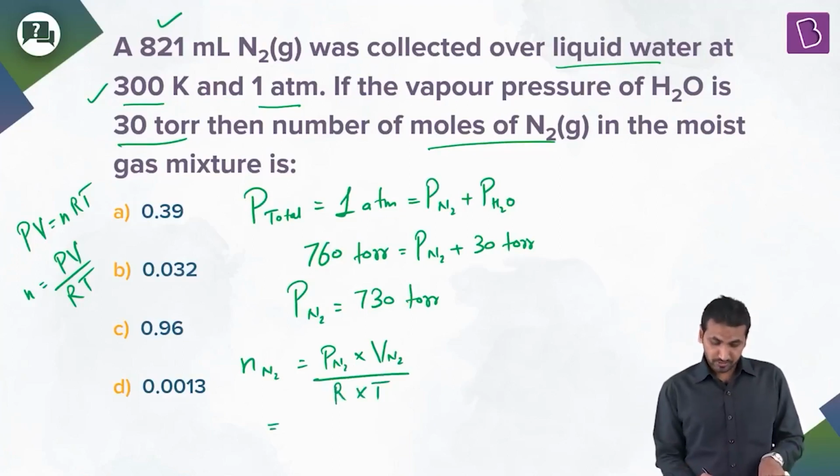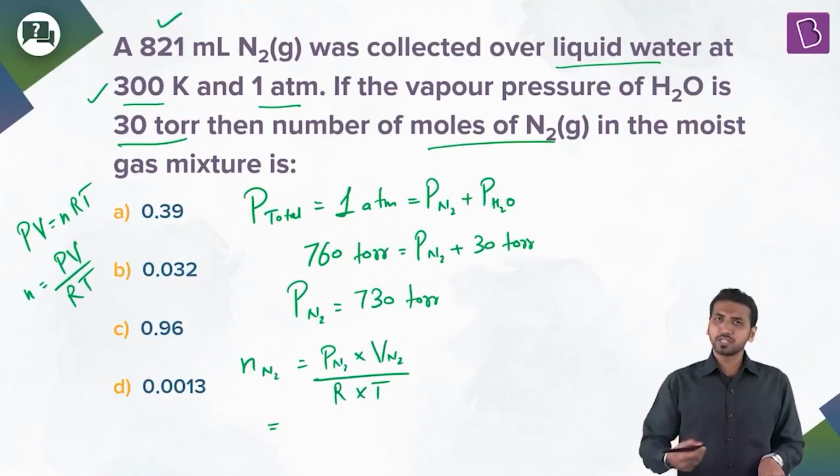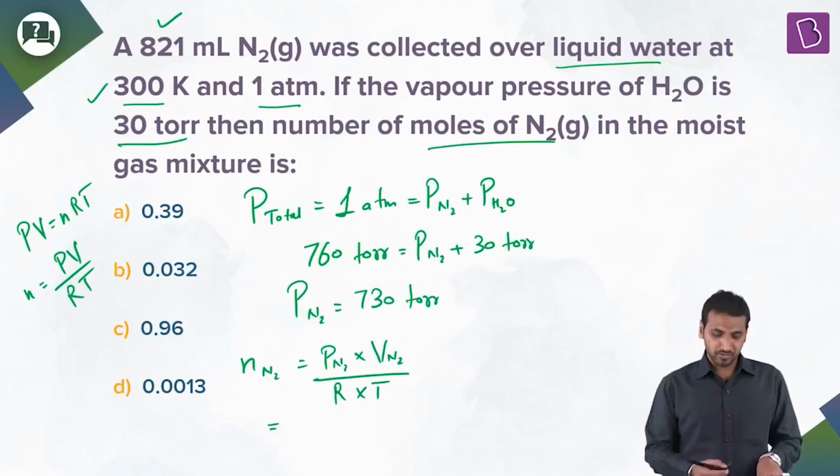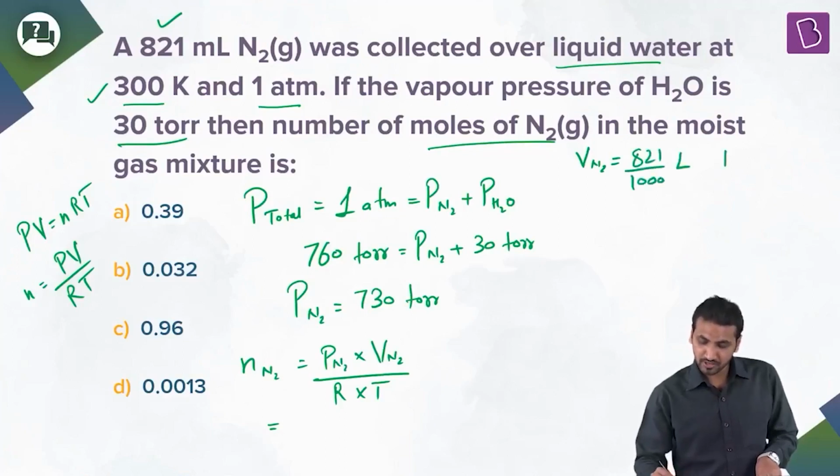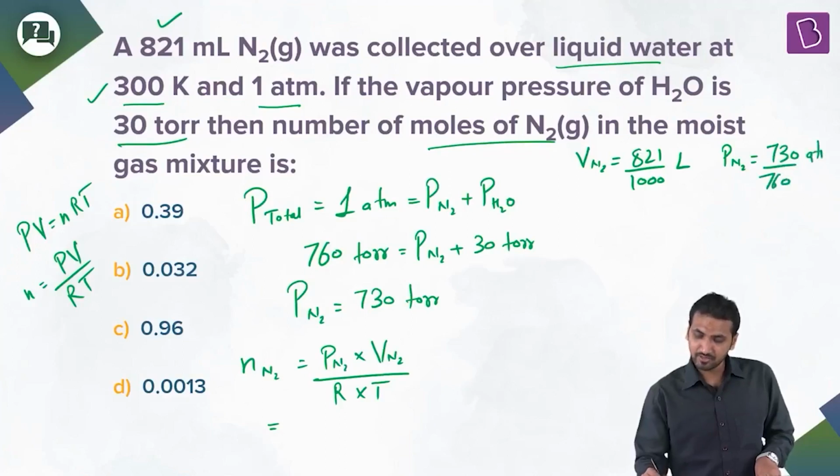So pressure of nitrogen is 730. Let me convert into atm so that I can easily put R in liter atm. So I have to convert volume of nitrogen into liter, that is 821 by 1000 liter, and pressure of nitrogen into atm, that is 730 by 760 atm, right?